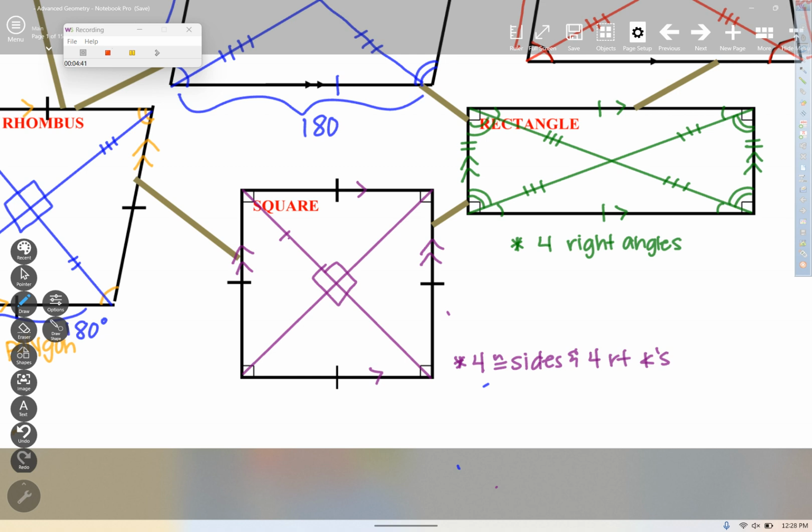And the last thing, this is the only shape that actually gets real numbers besides quadrilateral. Since these angles are perfectly cut in half, 90 divided by 2 is 45. So all angles of a square that are cut by a diagonal are 45 degrees.